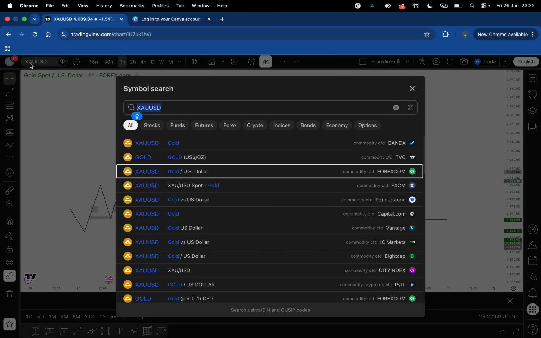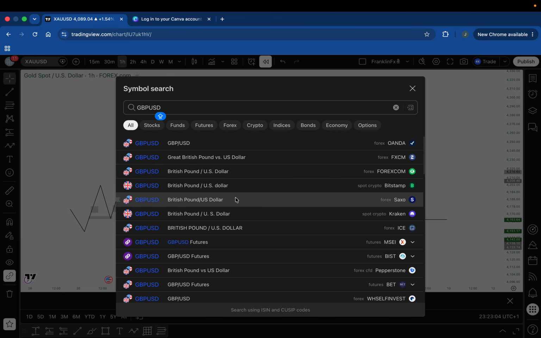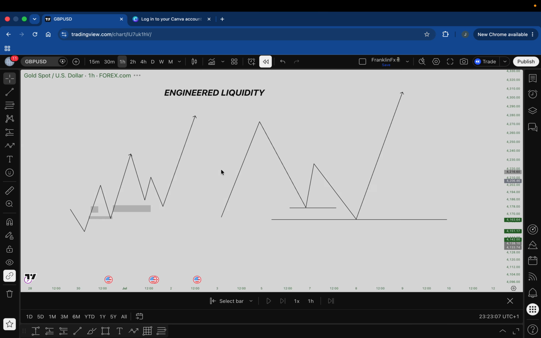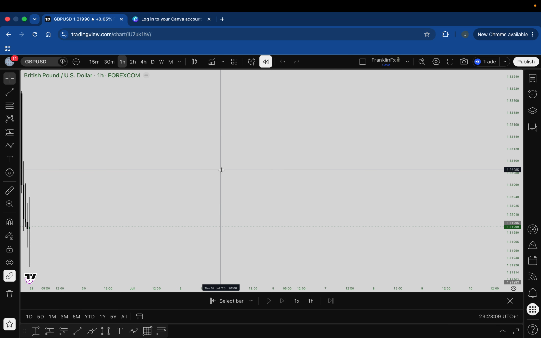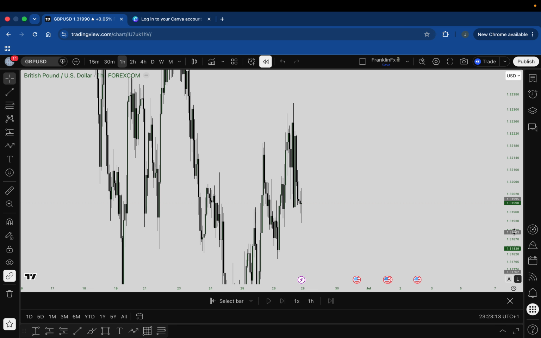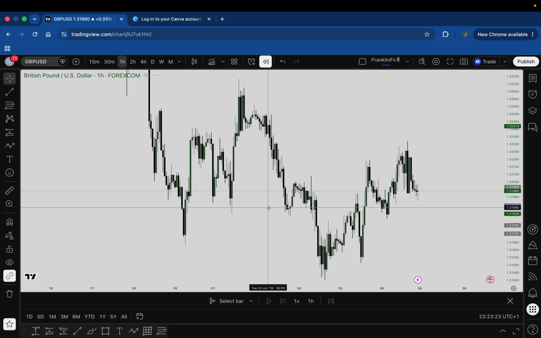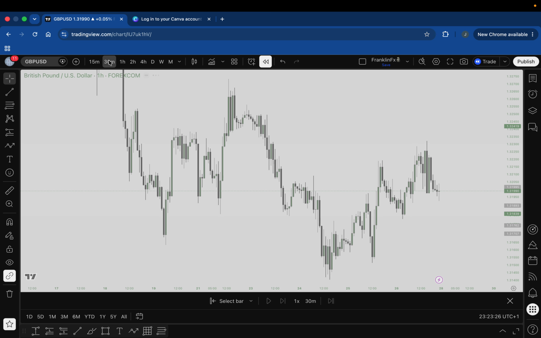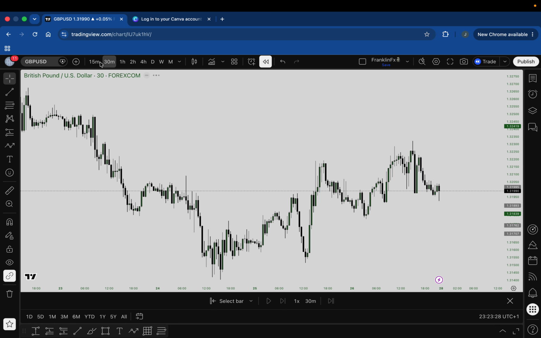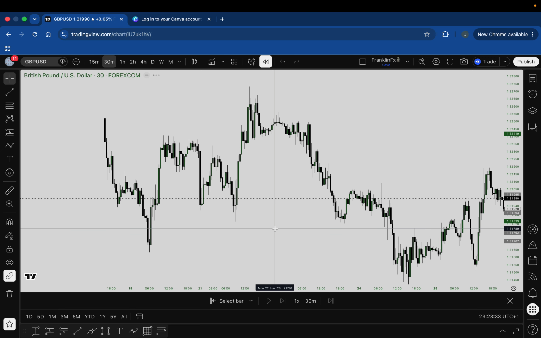Let's see if we can see something quickly. GBP USD. Let me use forex.com. Okay, GBP USD. Let's look for something. All right, this looks good.